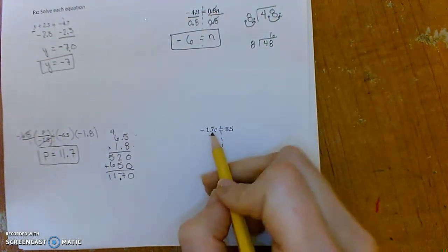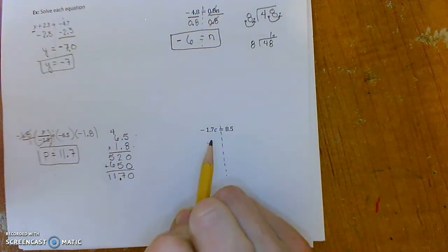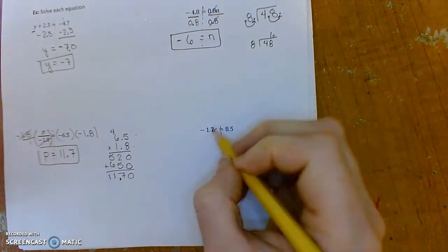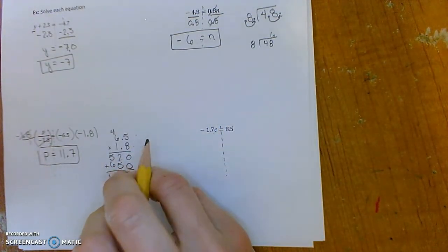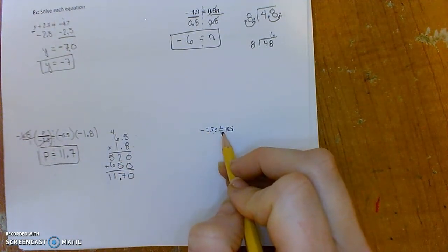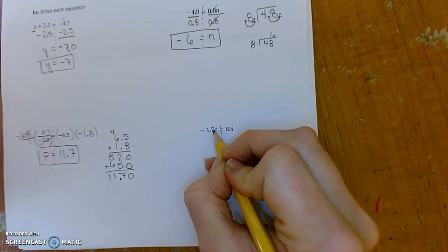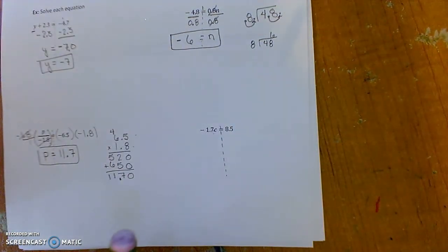But it's important to look a little bit closer and ask yourself the same question every time. If we're trying to get c by itself, what operation is combining the negative 1.7 and the c? That operation is multiplication. So we have to undo that multiplication to get c by itself.